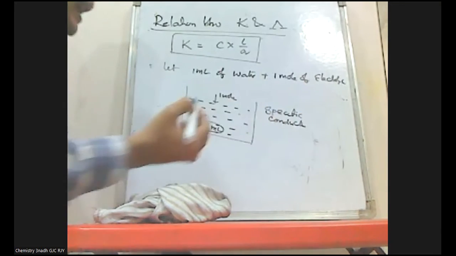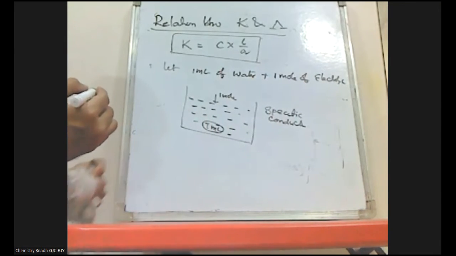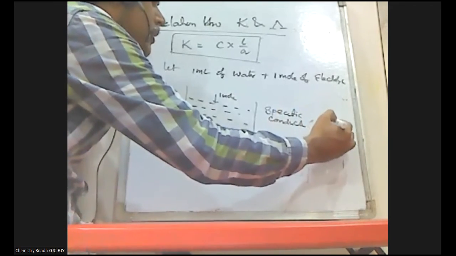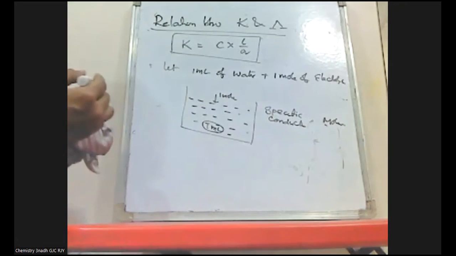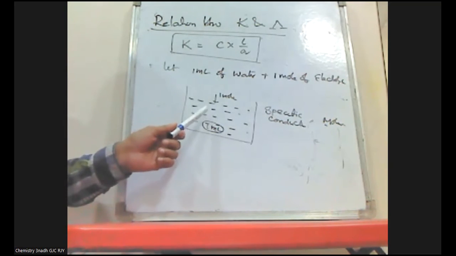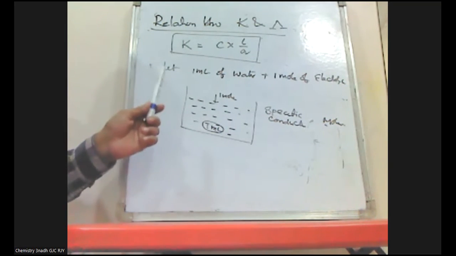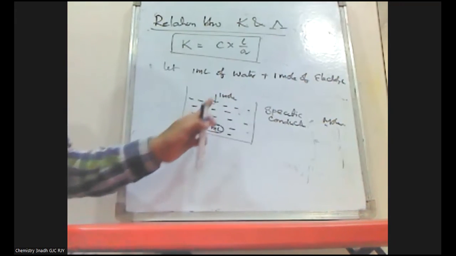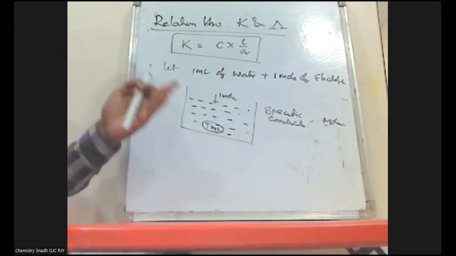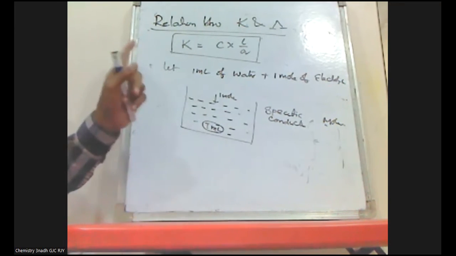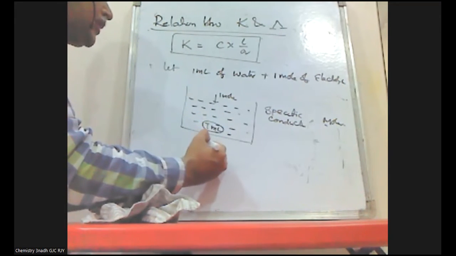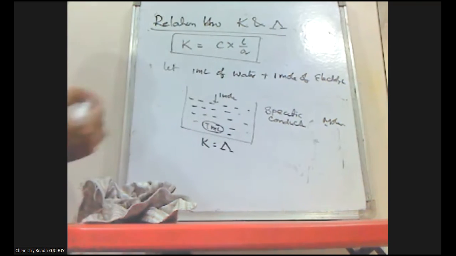Right or not? As it consists of 1 mole of electrolyte in V cc of solution, this also corresponds to molar conductance, and both are equal. See, 1 ml of electrolyte solution containing 1 mole of electrolyte gives the specific conductance as well as molar conductance, because specific conductance is defined for 1 ml and molar conductance is defined for V cc of solution. V may be 1, 10, 100, but the electrolyte should be 1 mole. So in this case, specific conductance is equal to molar conductance.